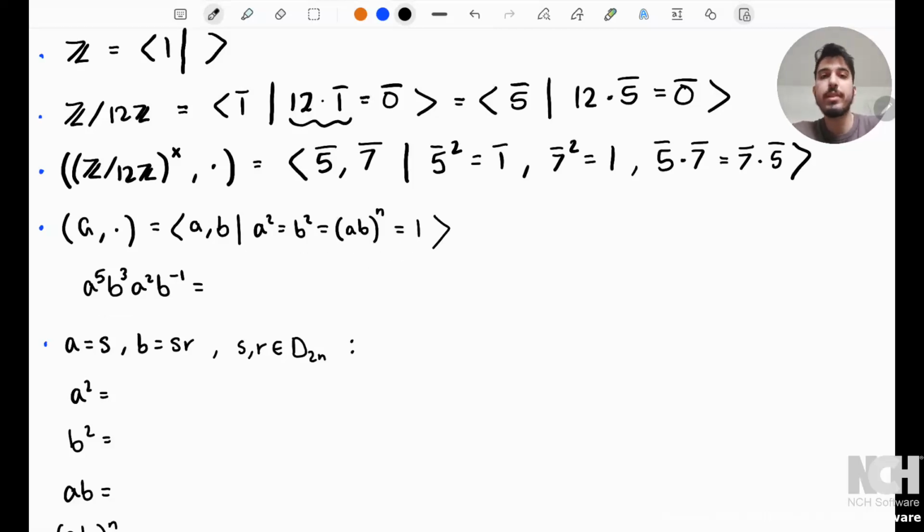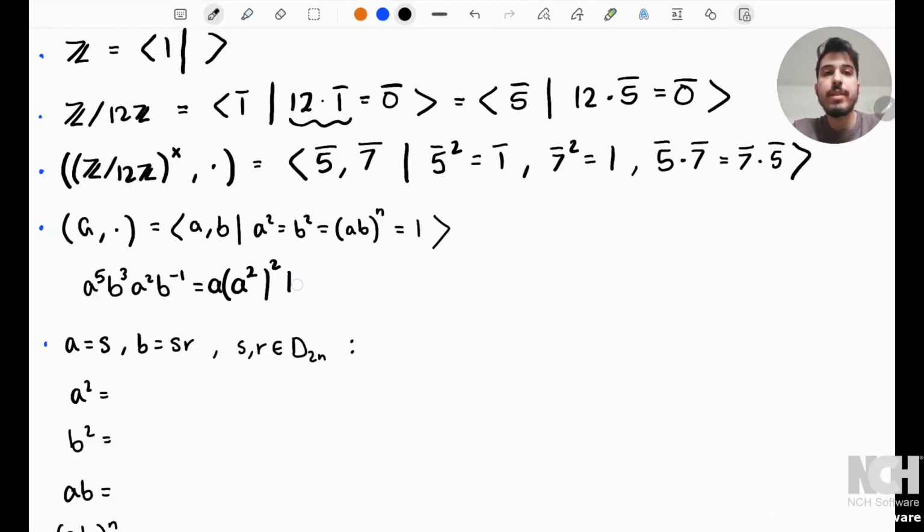So first of all, notice that a to the 5 is basically a to the squared times a, and the a to the squared is all squared. And I write it like that because I know that a squared is equal to 1. So I want to produce that a squared somehow.